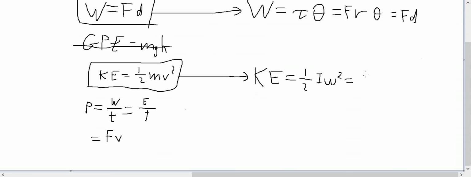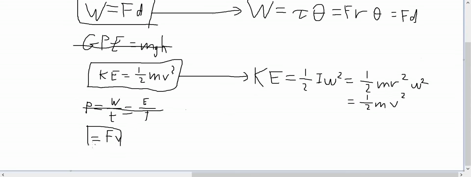And if you expand the moment of inertia, you can see it actually translates back to your half mv squared. This we don't really need. We'll just use this.